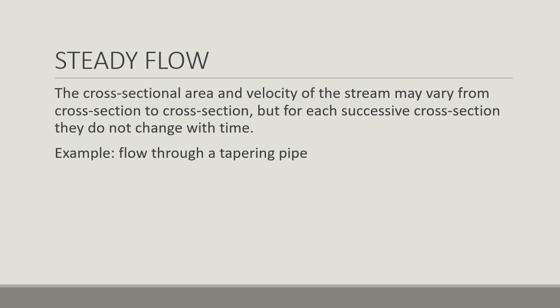Now steady flow. In steady flow, the cross-sectional area and velocity of the stream may vary from cross section to cross section, but for each successive cross section they do not change with time. What does this mean? Example of that is flow through a tapering pipe. Let me illustrate that here.